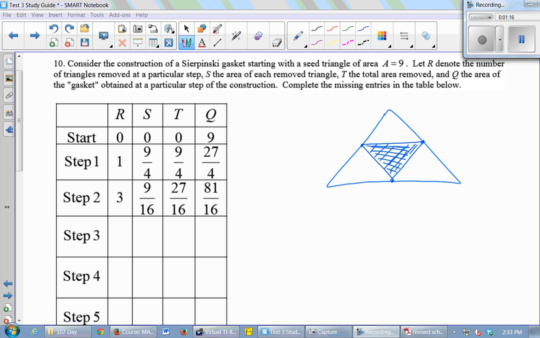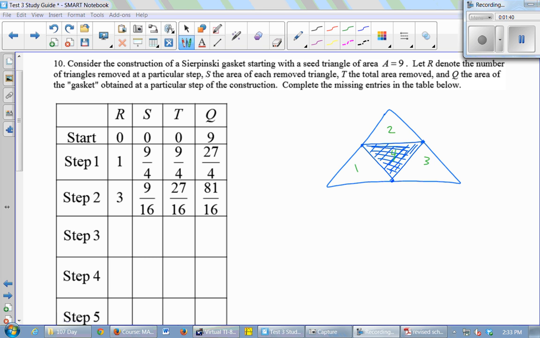So you can see that my original seed had area 9, and I broke it into 1, 2, 3, 4 equal triangles, and I took out 1 of them. So the area of that thing I took out is 9 divided by 4, right? I had an area of 9, and I took 1/4 of it, so 9/4.